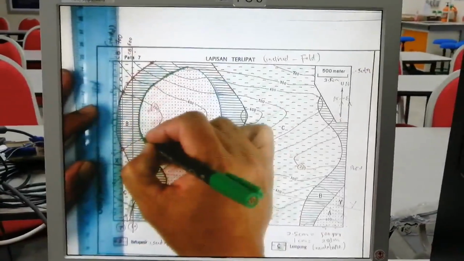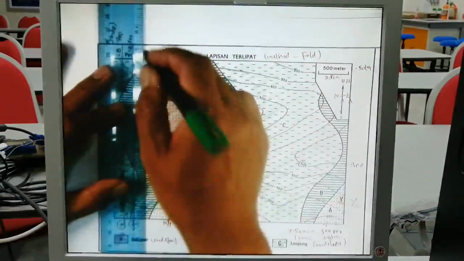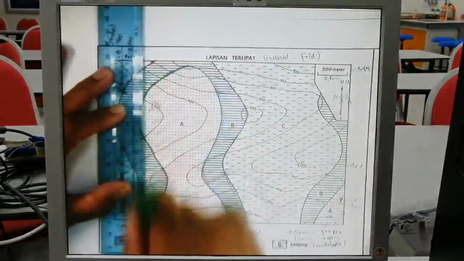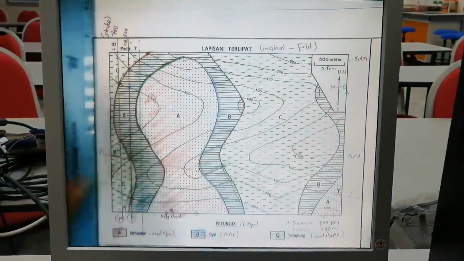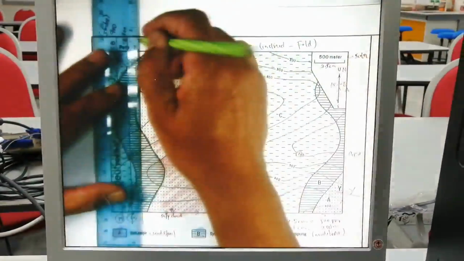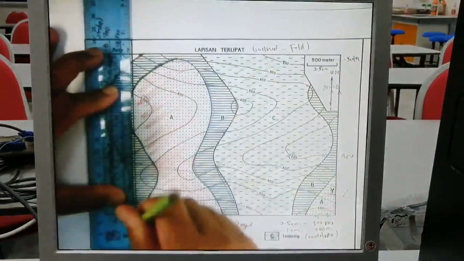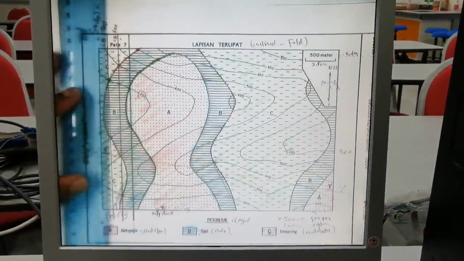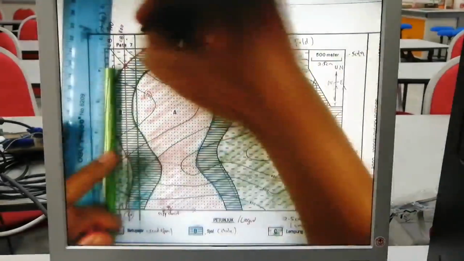Make it, connect this line. You can see more clearly, this 700. This one is BA 700.